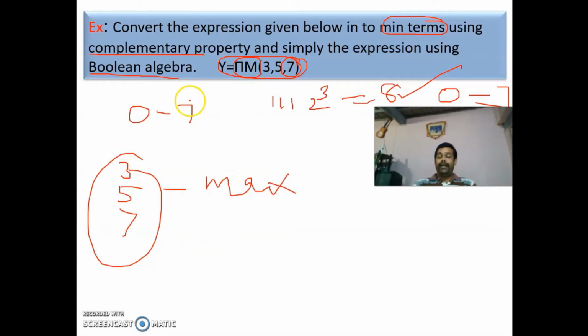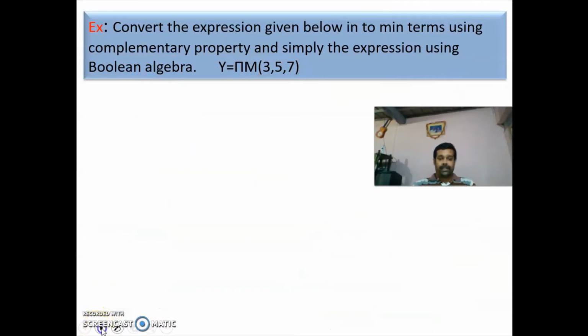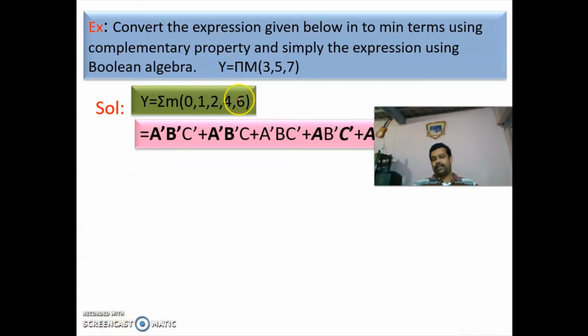And we have to find the minterms, the remaining numbers, that is 0, 1, 2, 4, 6. These are the minterms. So from the given question, we have found the minterms. After getting the minterms, we convert these decimal numbers to binary.